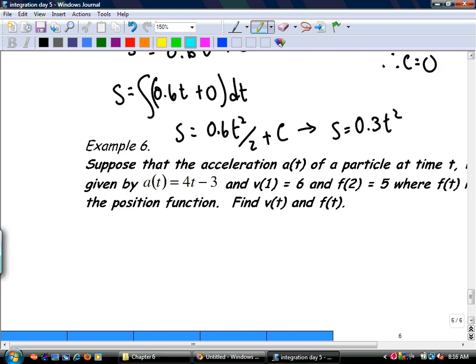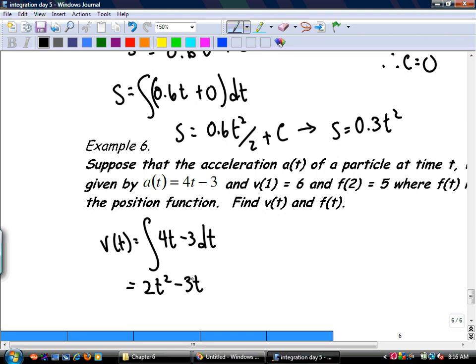Suppose the acceleration of the particle is given by 4t minus 3, v of 1 is 6, f of 2 is 5. Let's just do it. So what's the antiderivative of 4t minus 3? 2t squared minus 3t plus c.